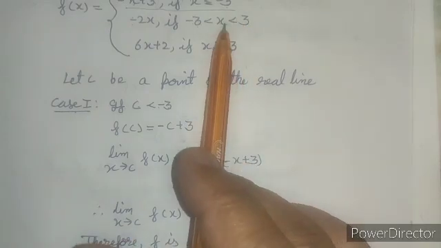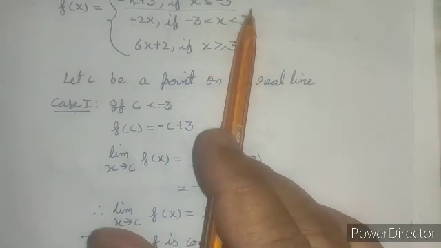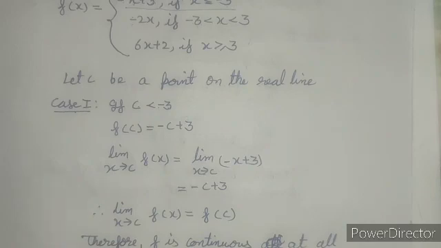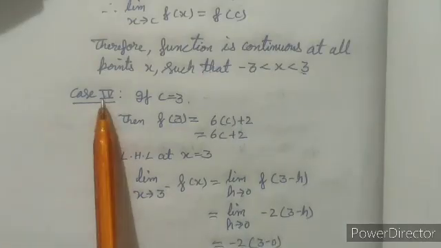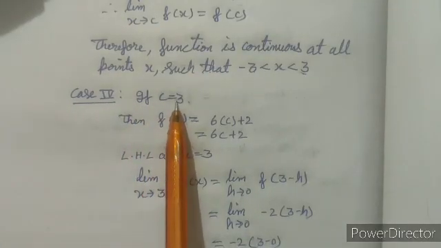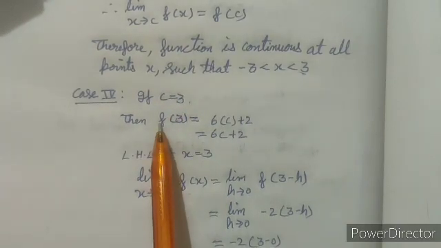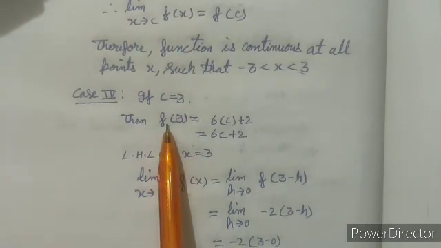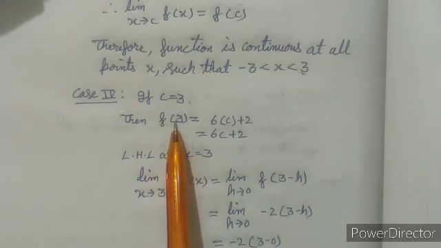So we will take the left hand and right hand limit and check whether those are equal or not. Case 4 is if c is equal to 3, then the value of the function at 3 will be f(3).